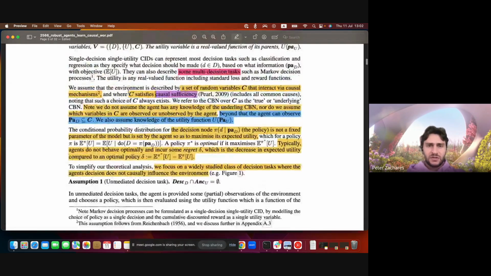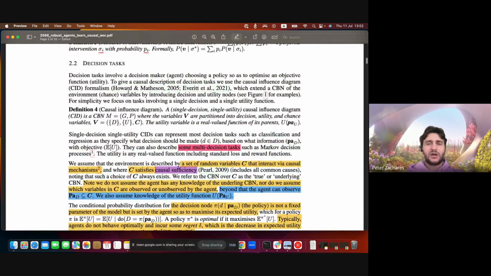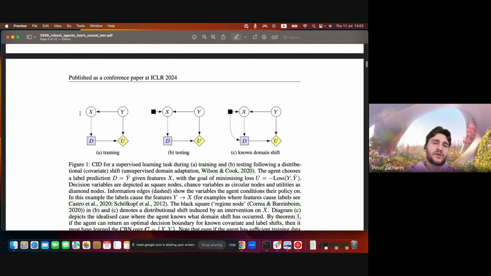Causal influence diagram, is that what it's called? Yeah, a causal influence diagram extends the graph G of a causal model and adds in a decision-making square and then a utility diamond. And some more information is this dotted line. What it's telling you is that the decision is made solely on observing X, not Y. There would have to be a dotted line from Y to D. And also, if you look at B and C, the black square is saying an intervention.